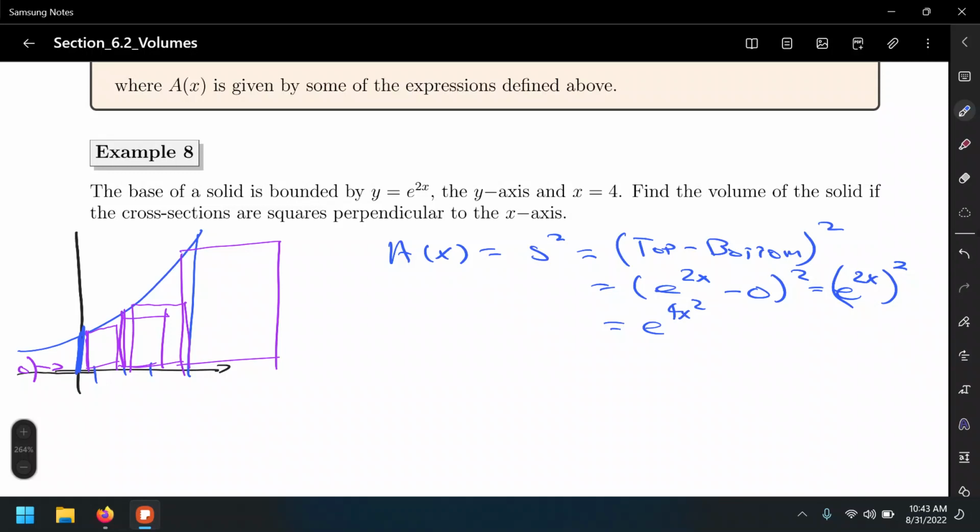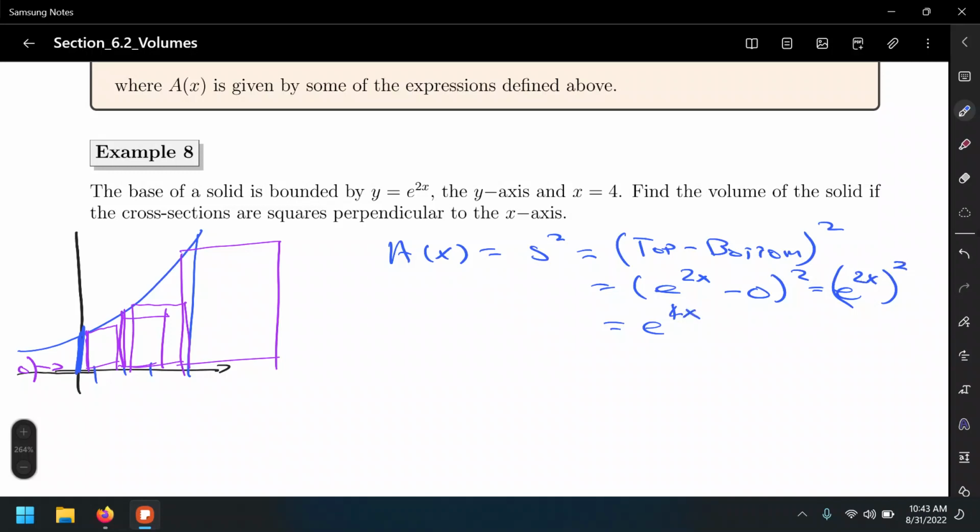What's the answer of squaring e to the 2x? Does that look right? Anyone? 4x, right? Power of another power. We multiply 2x times 2, which is 4x.